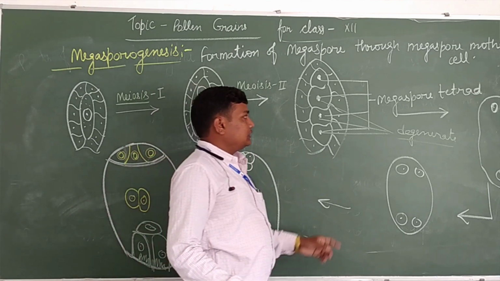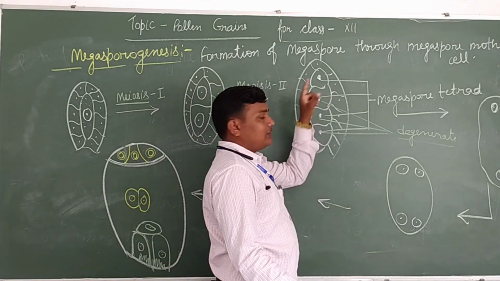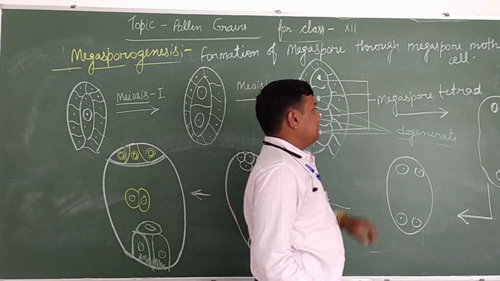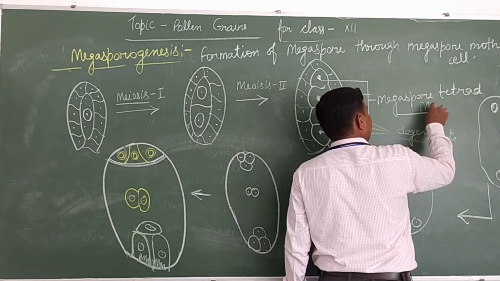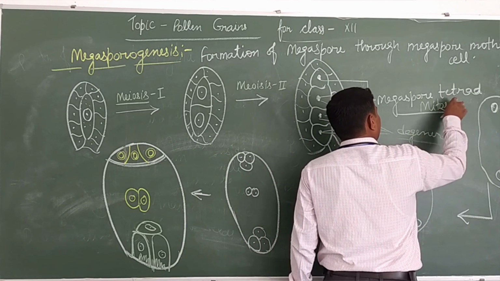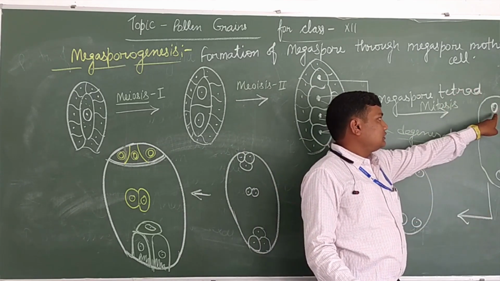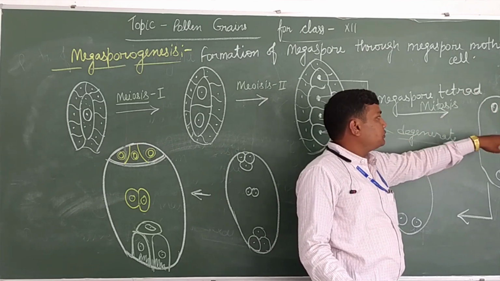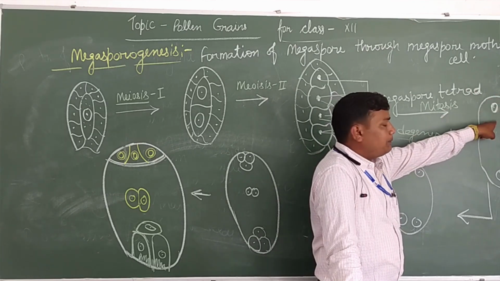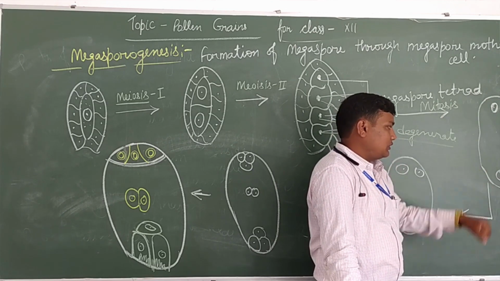After that, the one functional megaspore divides mitotically into 2 cells, and those cells move toward opposite poles, one to the upper side and one to the lower side.